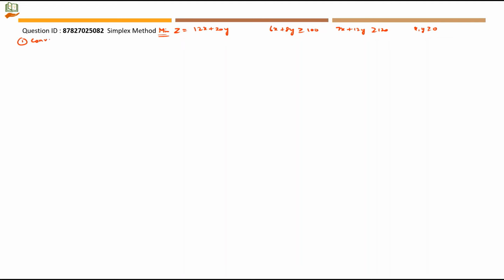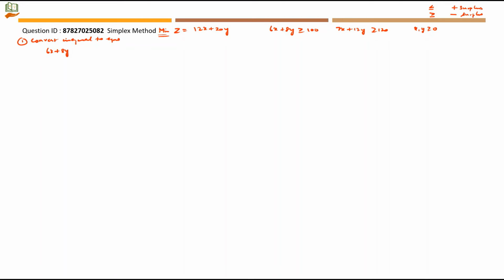First we have to convert the inequalities to equalities. How will we do this? For 6x plus 8y, if the inequality is less than or equal to some value, then we will usually add a slack variable. Since the constraint has a greater than or equal to inequality, we are going to subtract the surplus variable from the equation.